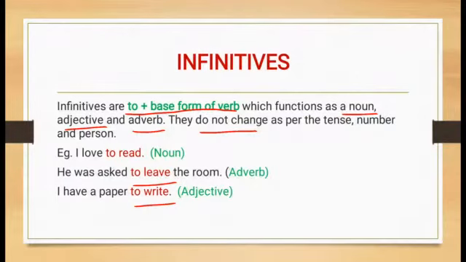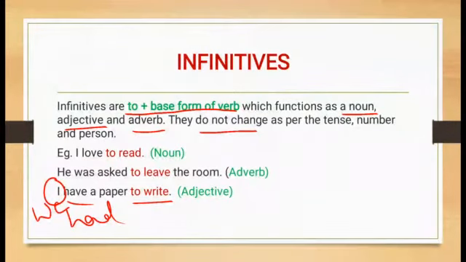You can check it by changing the tense of the sentence. If I put had in place of have, to write will remain to write. I can also replace I with we.